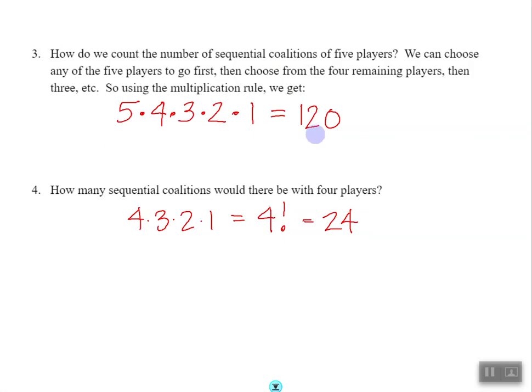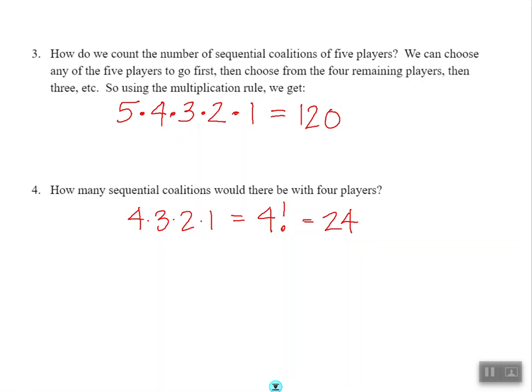Now, factorials get large rather quickly. You can see that if there are 5 players, there would be 120 potential sequential coalitions. So, that's why this method is tricky to do by hand, because even having 5 players gets to be ridiculously tedious.